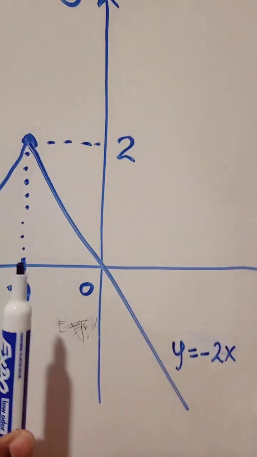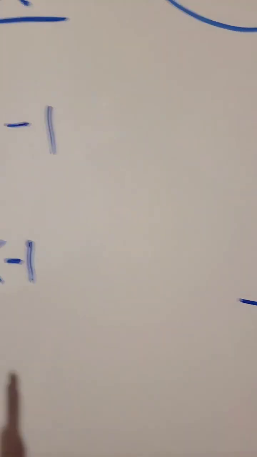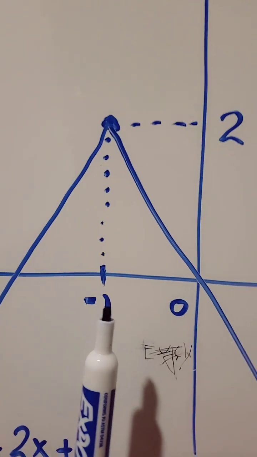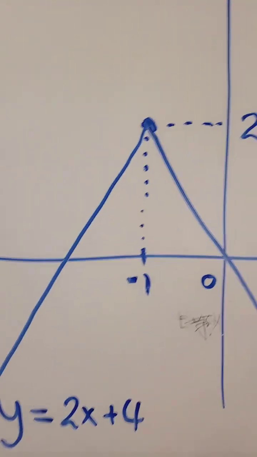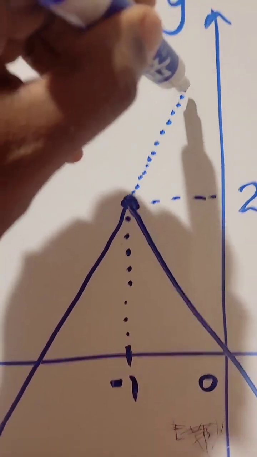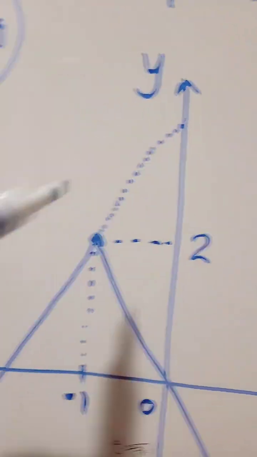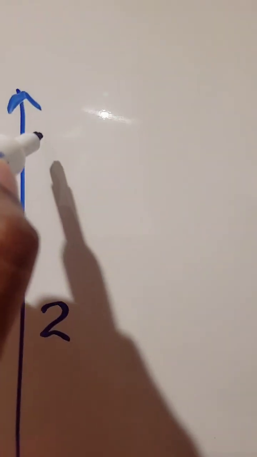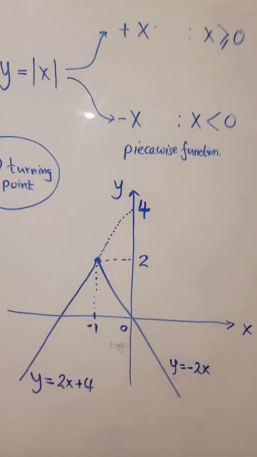We only look at 2x plus 4 when x is less than minus 1, so that means on this side. If you extrapolate this, you will see that is our y-intercept, and here the y-intercept is 4. You will get a 4 there.